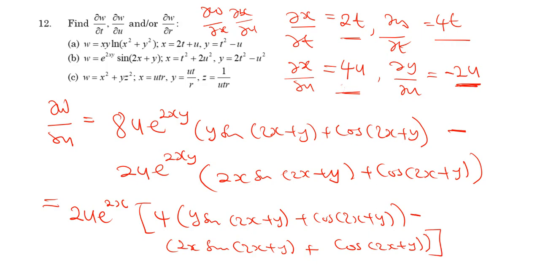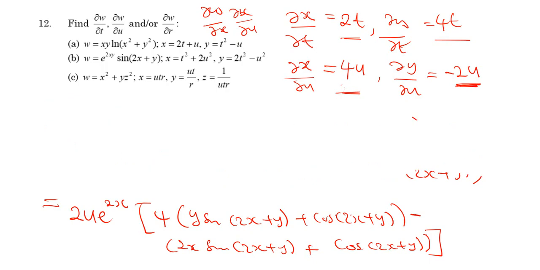Can I simplify this? I can still add these two here, they are the same, so I can add them such that I get a value of 2 there. So this here is just going to be 2e to the 2xy, then I close, and there's just going to be 4.